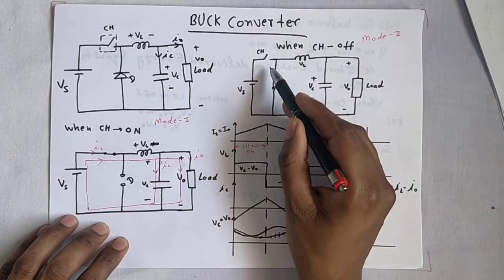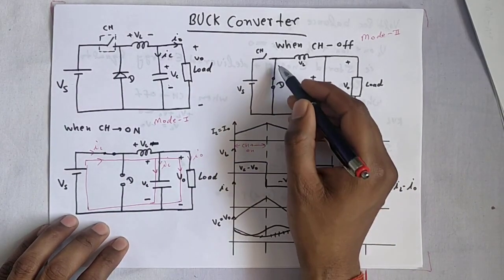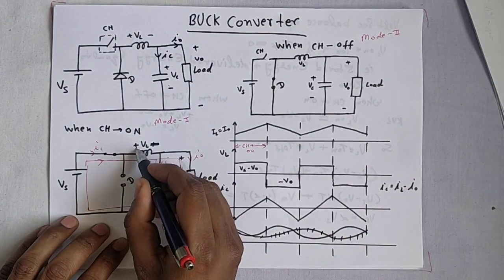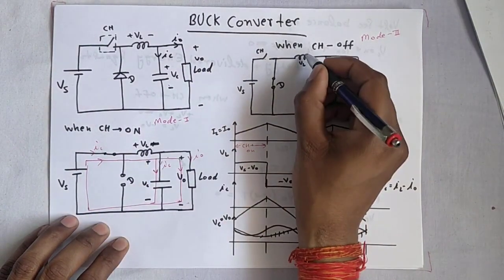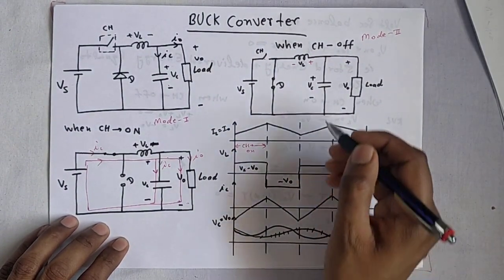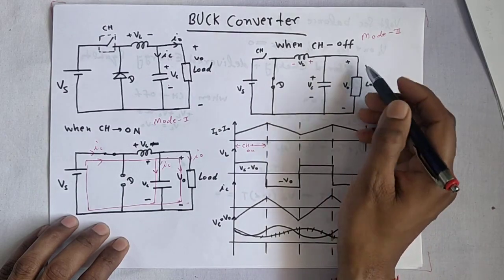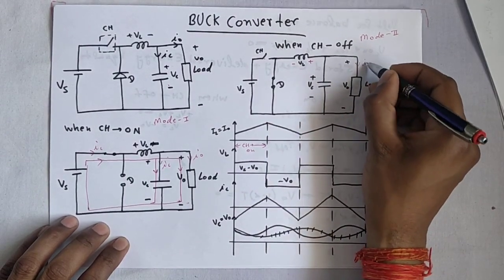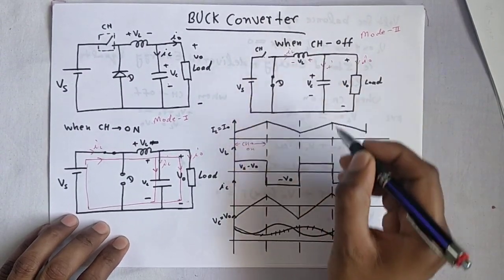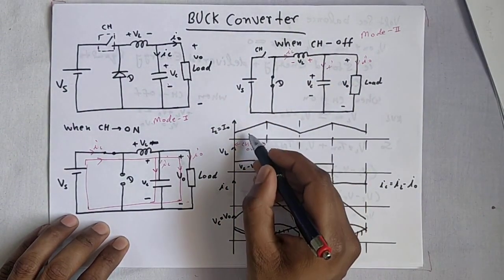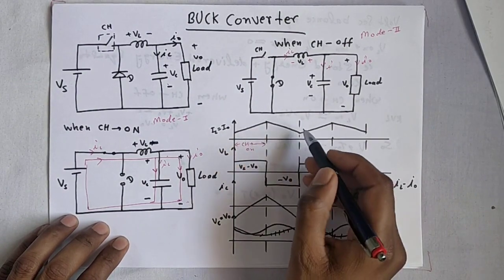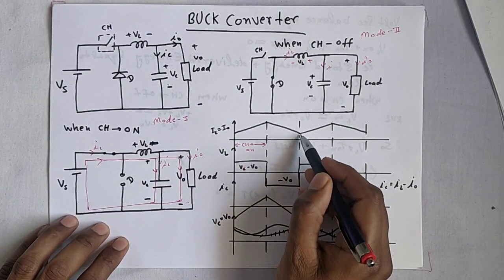Now when CH is off, the inductor stored energy in this polarity and will deliver its energy in the opposite polarity. So the current in the circuit, I naught, will reduce. So during CH on, I naught increases, and during off, I naught decreases.